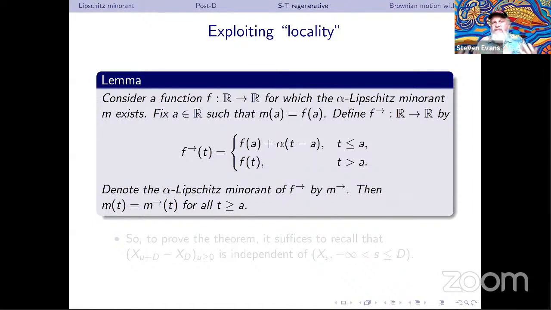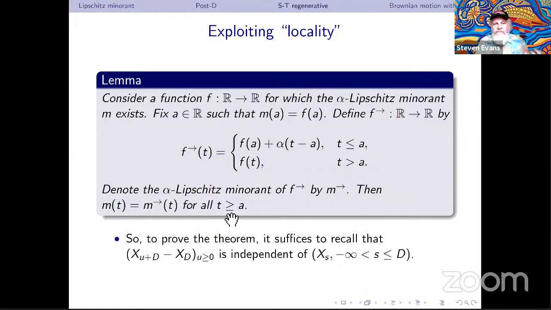So in a sense, we don't need to look back before time a to be able to construct the Lipschitz minorant of f. So to prove the theorem, it suffices to recall that this recentered path here is independent of this piece of path here.